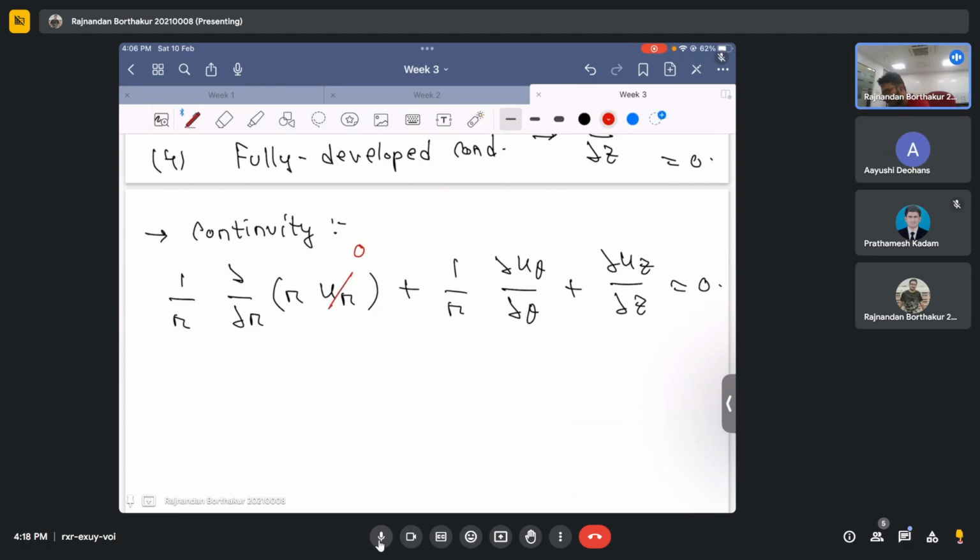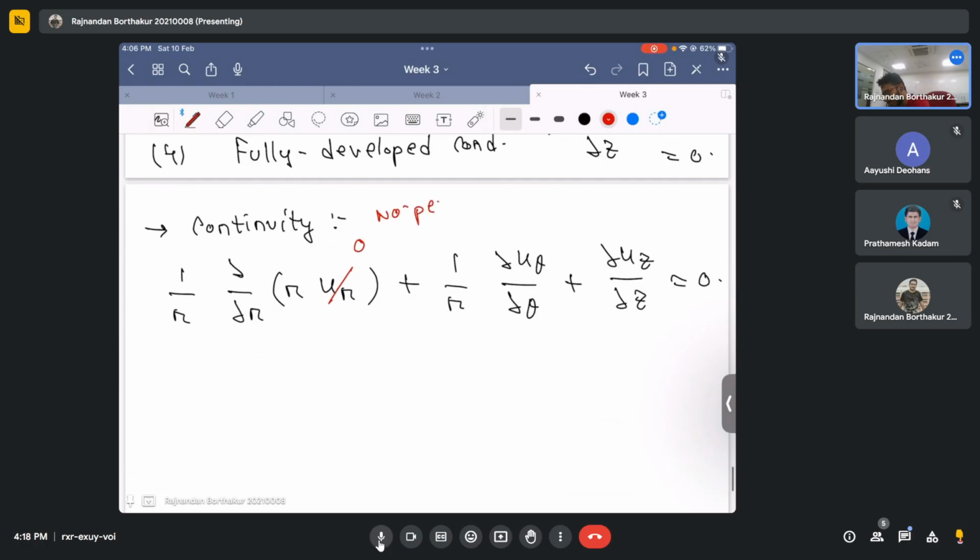So this term is 0 because of the no penetration boundary condition. Can you now tell me what will happen to this term? 0, axisymmetric condition. So this is 0 again because of the axisymmetric condition. And this is 0 again because of the fully developed condition.